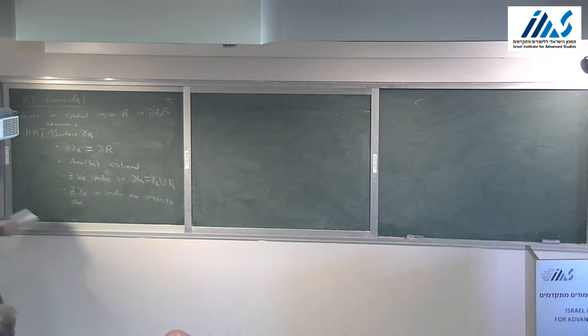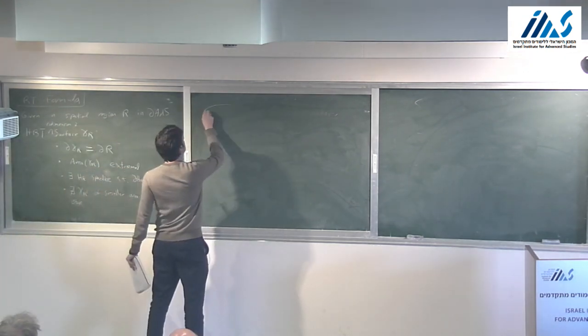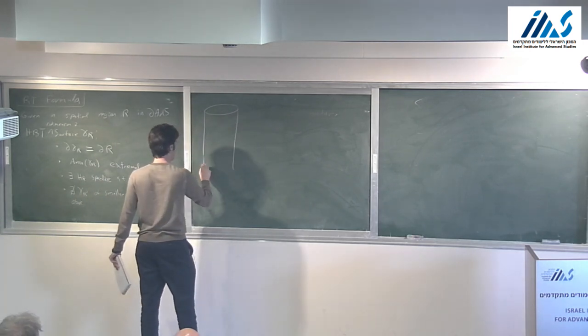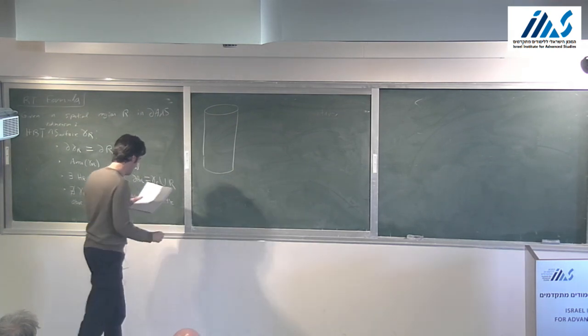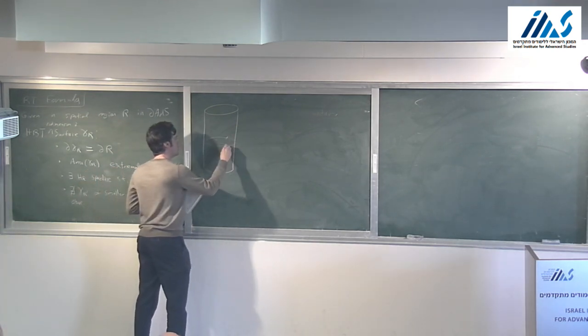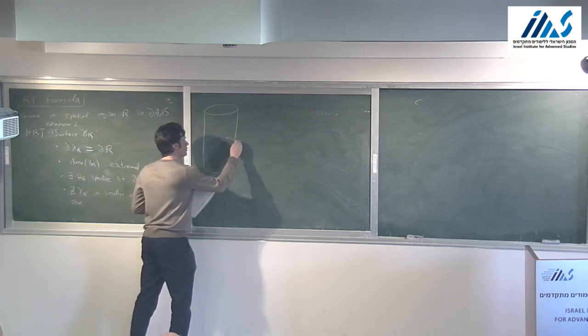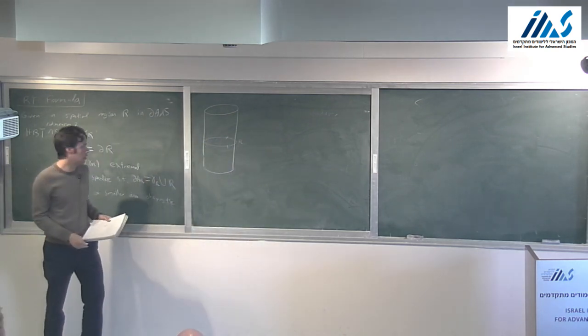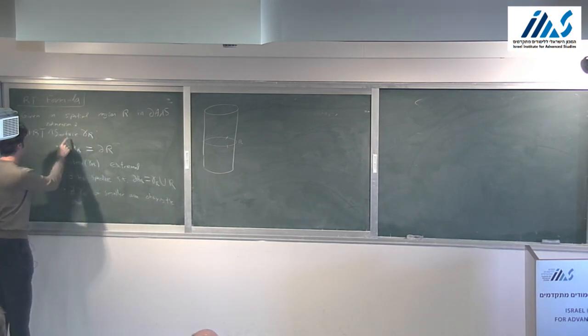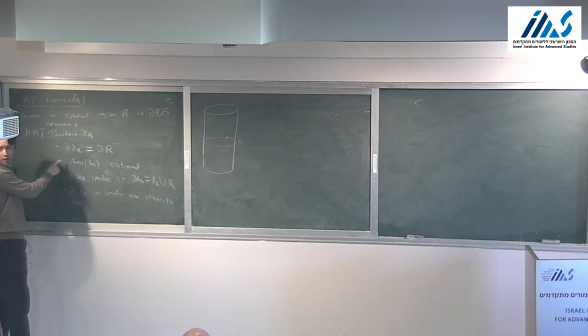Okay, so let me draw a picture. I'll draw it in AdS3. So say here's some time slice, and let's take R, our subregion, to just be some interval here. Then gamma R is codimension 2, so here it's a line.